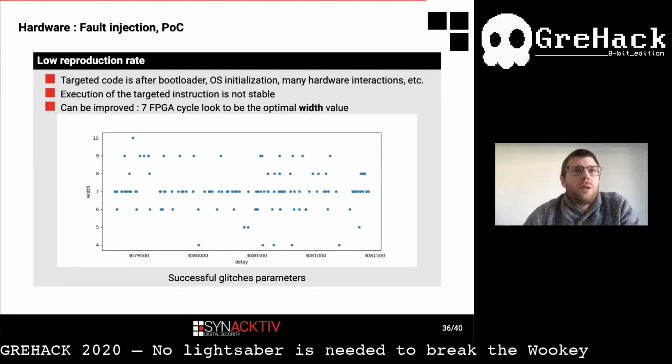For example, on the graph here, we can see that 7 FPGA cycles seems to be the optimal value for width.